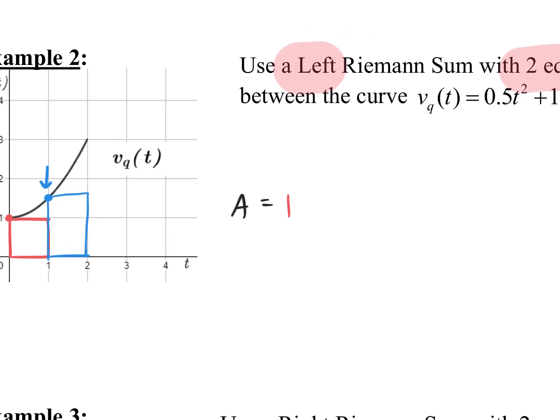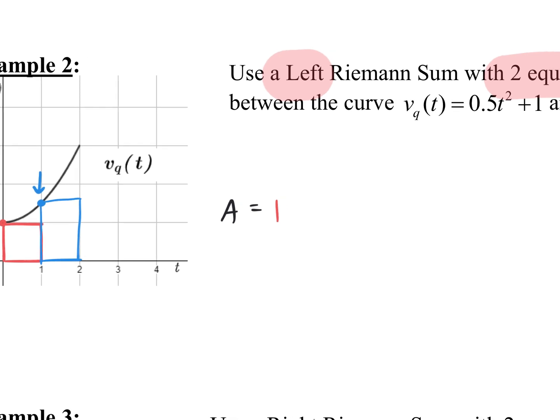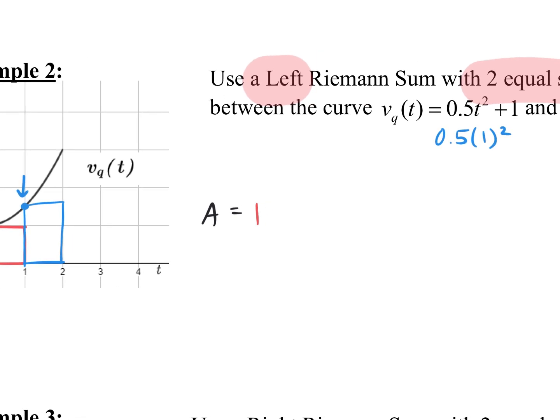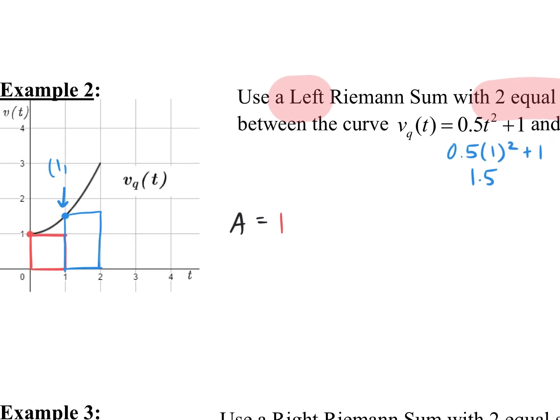So I'm looking at when my t value is 1, what is my y value? If I plug in 0.5 times 1 squared plus 1 in your calculator, we get 1.5. So this point right here is at 1 comma 1.5, and we just found that by plugging it into the formula that you were given.